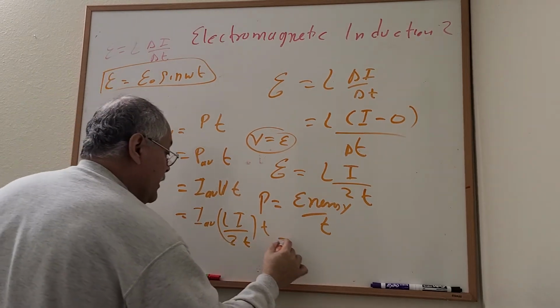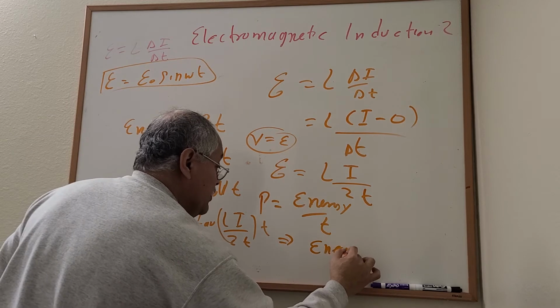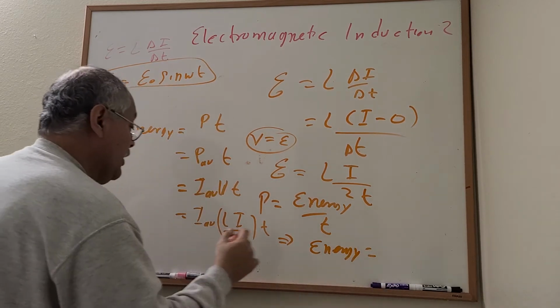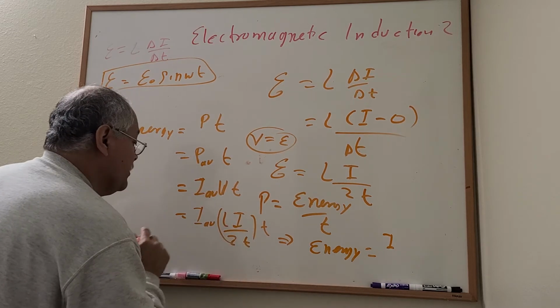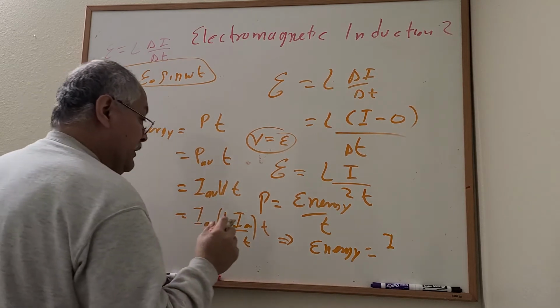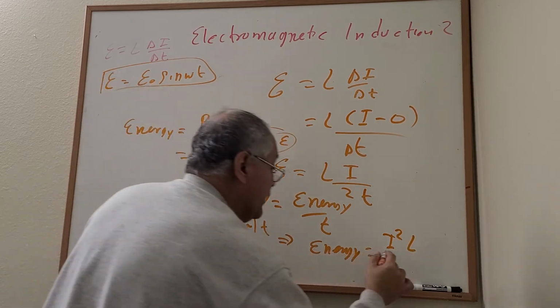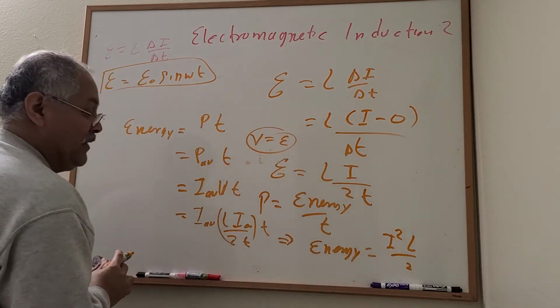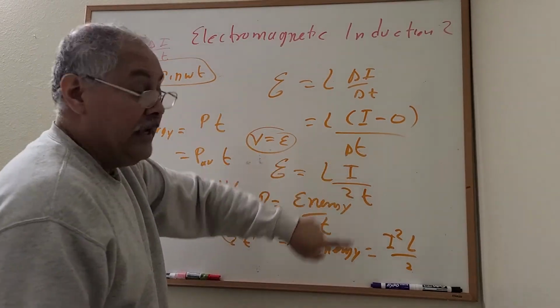It is found here that the energy is equal to the average current squared times L, divided by 2. So this is the energy stored in the inductor.